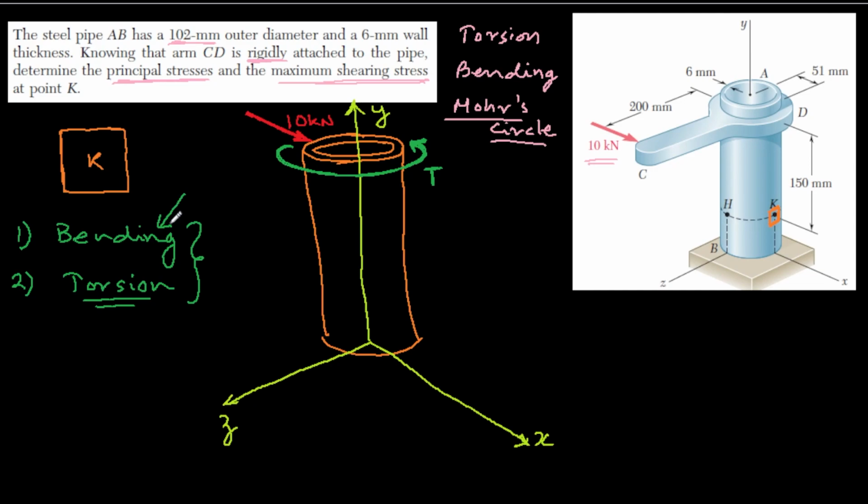What will happen in that case is, if you apply this torque, it will just twist. If there was a line like that before you apply the torque, it would become something like this, right? So everything will be twisted.